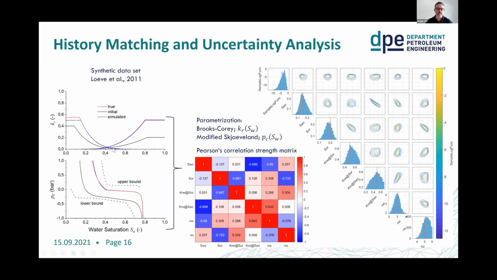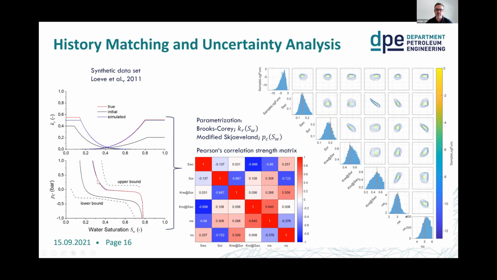And in blue, you see our match to this, which is quite good. Here the data are truncated, so you may run into a little bit of problems, but otherwise the match is perfect. Also for the capillary pressure curve that you can see here. Here, in contrast to the relative permeability, you need to introduce upper and lower boundaries for the simulation.